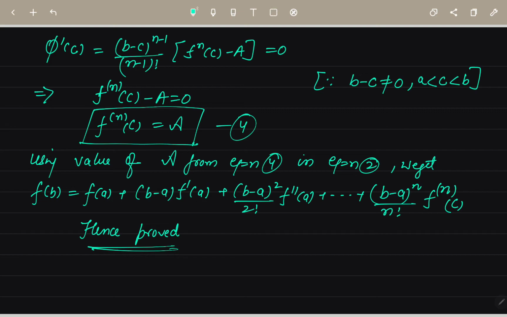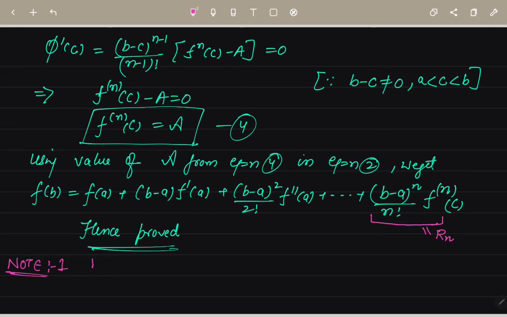Note that I will write here some notes. This term, which term? (b minus a) raised to the power n divided by n factorial and the nth derivative at c. This is basically the Lagrange's remainder, represented by Rn.